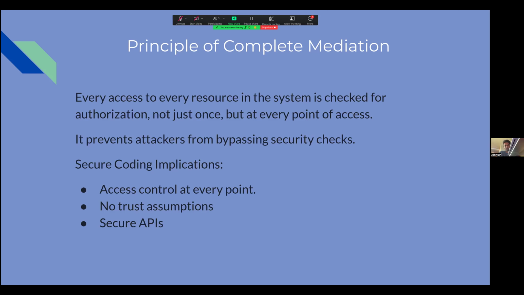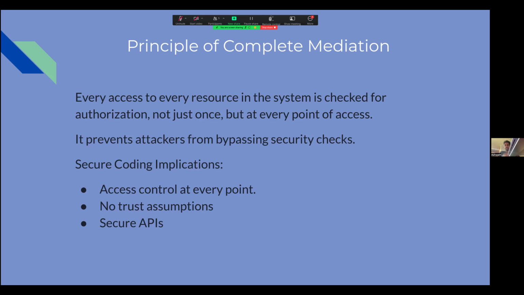As I said earlier, you never know who the program is interacting with, or what skill sets they have. So you can't have any assumptions here. You don't have any trust assumptions here. So always make sure you're controlling access at every point of your interaction.